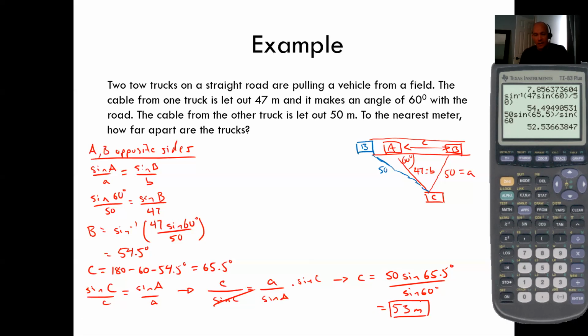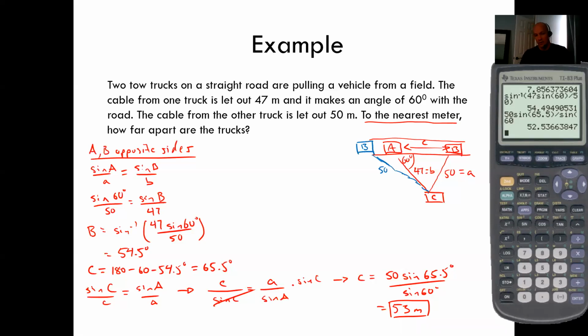The reason I'm saying that is that in the question, it says to the nearest meter. So they're 53 meters apart, and that should seem somewhat reasonable, given that this angle up here is 60, and the two sides were almost the same. This is pretty close to an equilateral triangle. I'd expect all three sides to be roughly the same. So 47, 50, and 53 seems to make some sense.